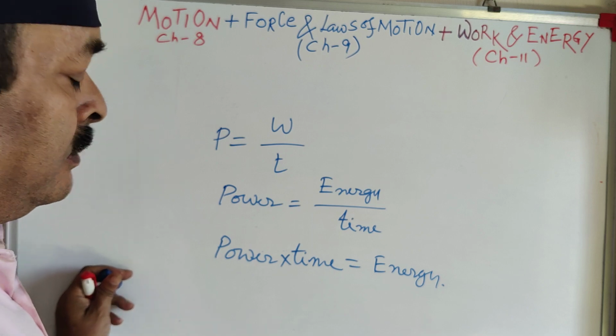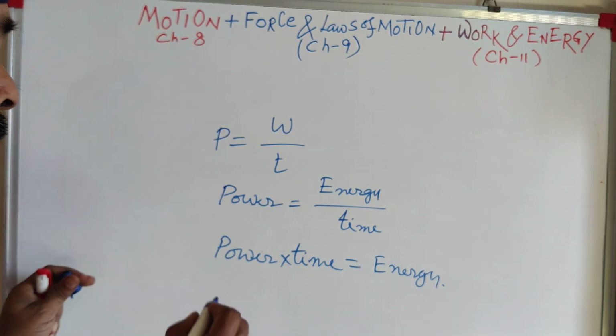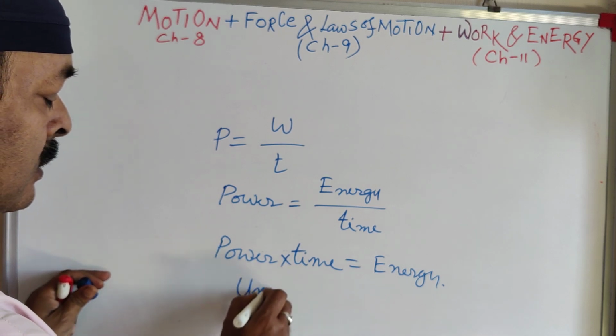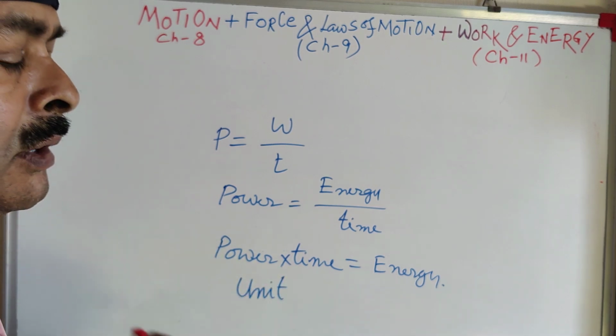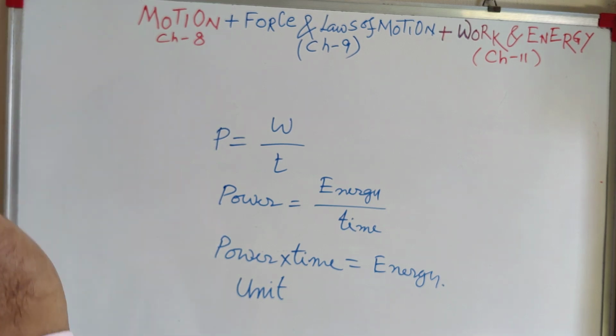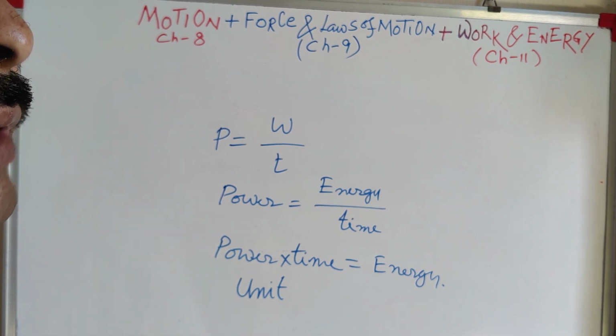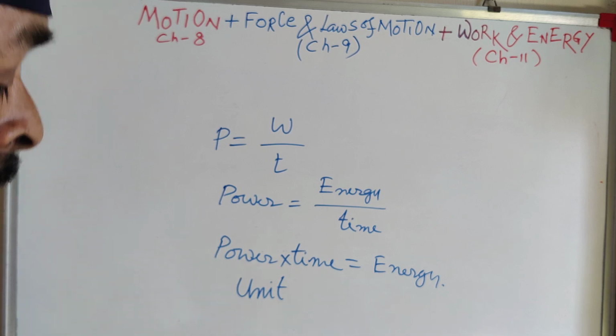At our home, the electric bill is coming in units. Suppose when the bill comes, it is written that you have consumed 200 units of electrical what? Power or energy? Let us see here.